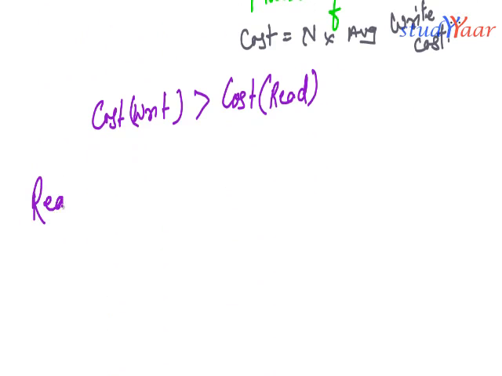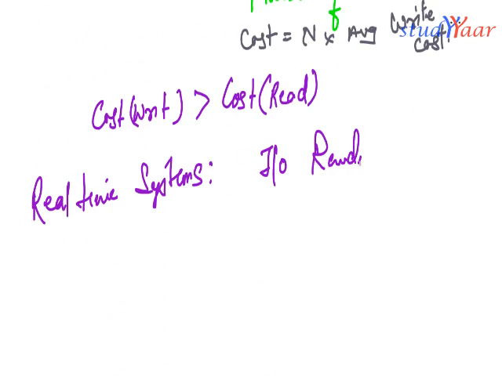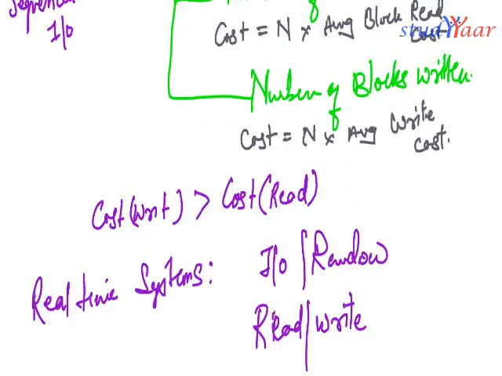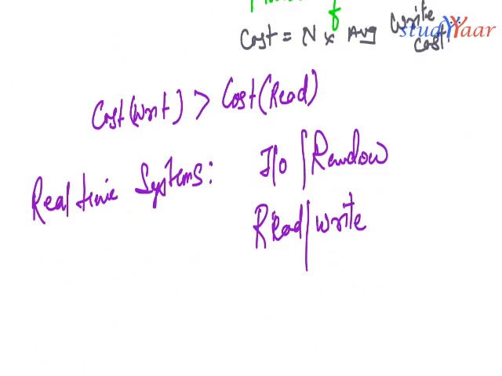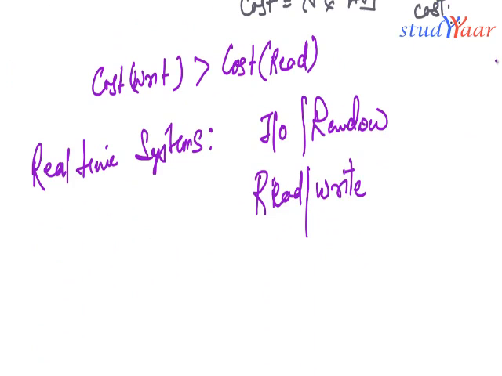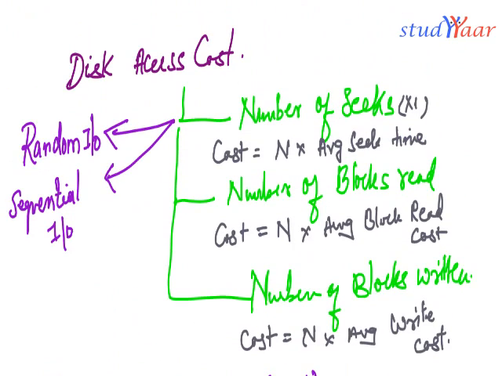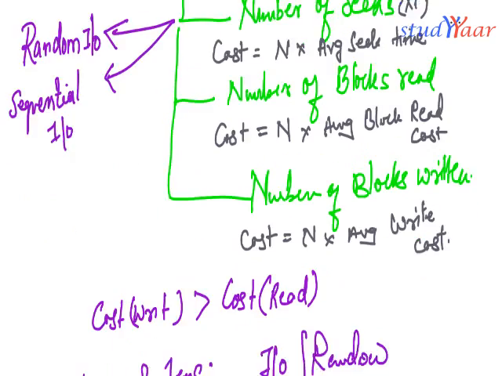For real-time systems, we take all these factors into account. We differentiate between sequential and random IO. We differentiate between read and write, because real-time systems are primarily based on response time, and I have to minimize response time at any cost. Also the buffer size that we have in the CPU plays an important role here.